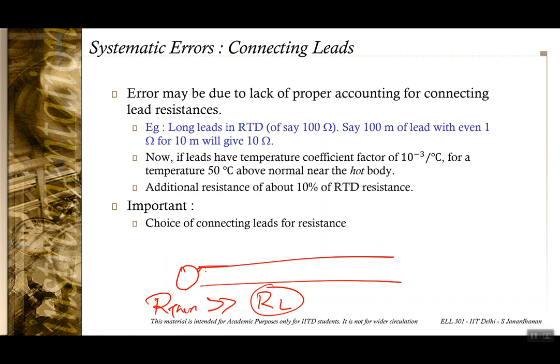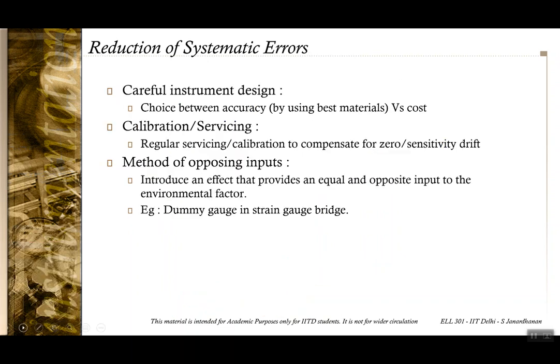Next, coming to the point of eliminating these errors, or rather recapping it: by careful choice of the instrument design, you can reduce some of the effects of the environmental errors. That is, if the temperature sensitivity of the instrument, like in an ammeter, you can use materials for the shunt resistance which are not temperature sensitive.